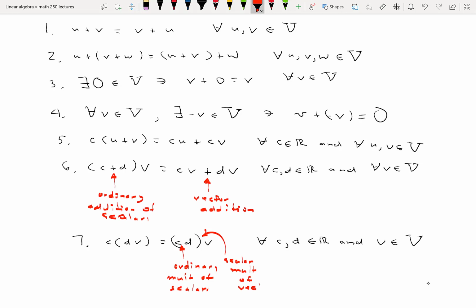That's our new multiplication. Okay, so there are two different operations of multiplication here. Both are being represented by the same notation, namely no notation at all. We put the two quantities next to each other. That's called juxtaposition.